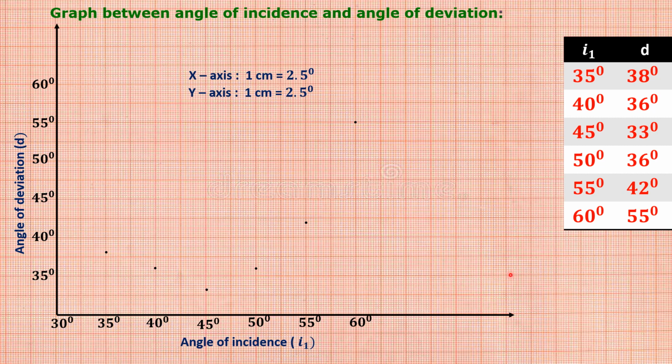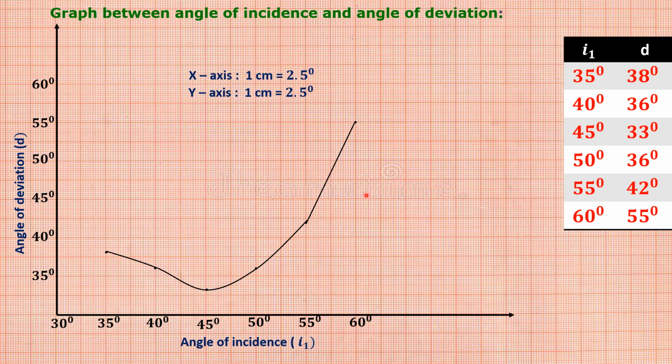That gives the graph between the angle of incidence and angle of deviation. Let us draw the graph by joining all the points. Here I am drawing the graph. Yes, this is the graph I have drawn.